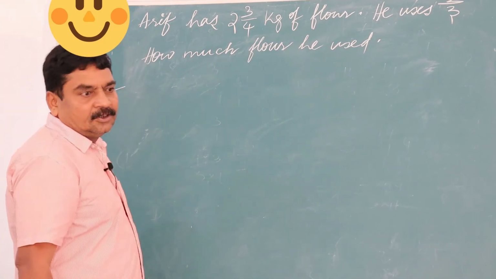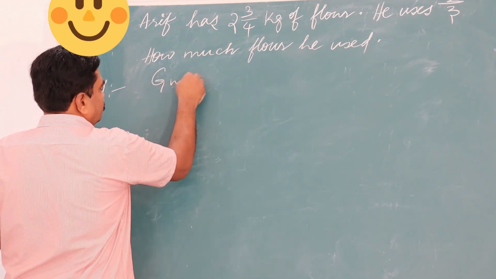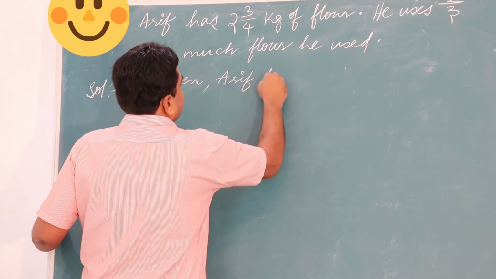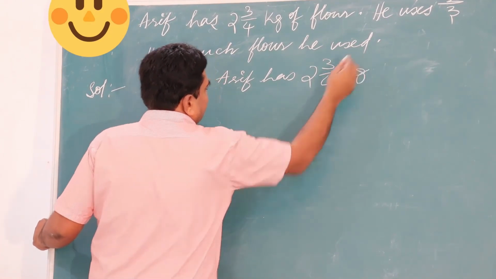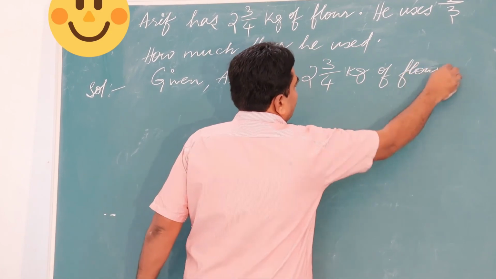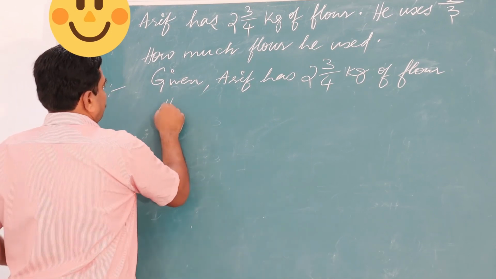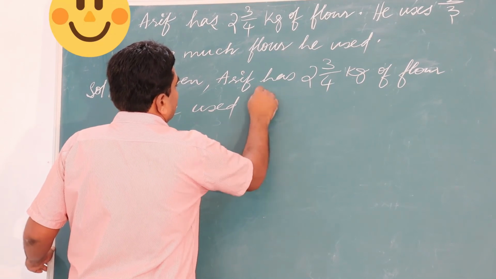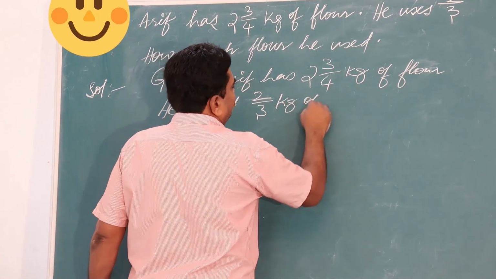Let us start with the solution. This is a word problem, so I will write it down. Given, Arif has 2 3 by 4 kilograms of flour. He used 2 by 3 of it.